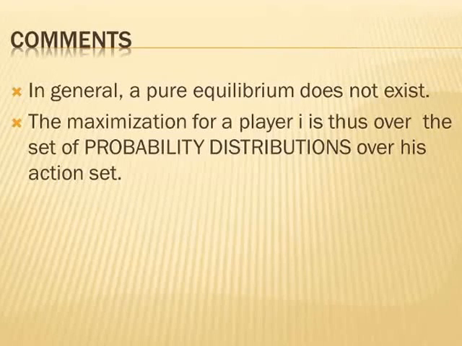It turns out that if we take the maximization over probability distributions, instead of directly over the actions, then we can indeed obtain a stationary policy which is in equilibrium.